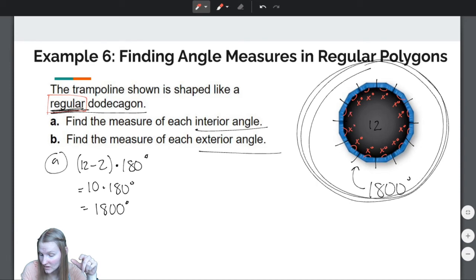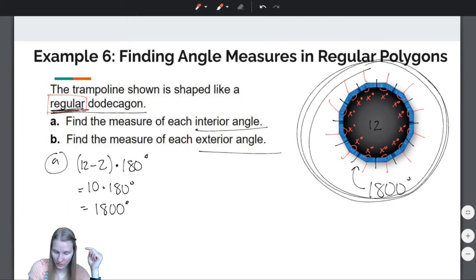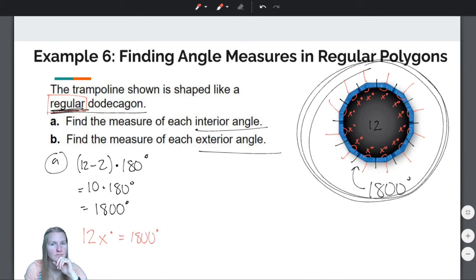Now, how many of these angles are there? We could count: 1, 2, 3, 4, 5, 6, 7, 8, 9, 10, 11, 12. Oh yeah, 12 sides, so there are going to be 12 angles. So we have 12 of the same angle measure, and all of them together need to be equal to 1800.